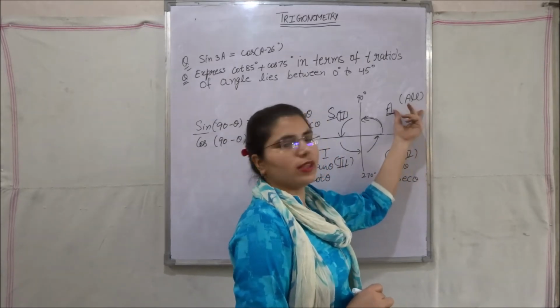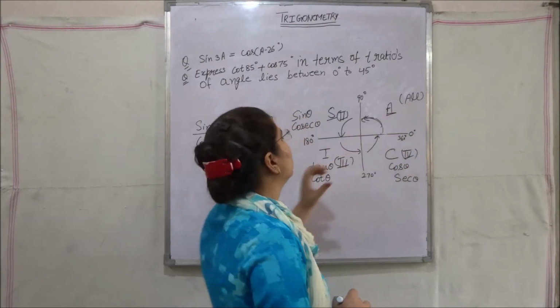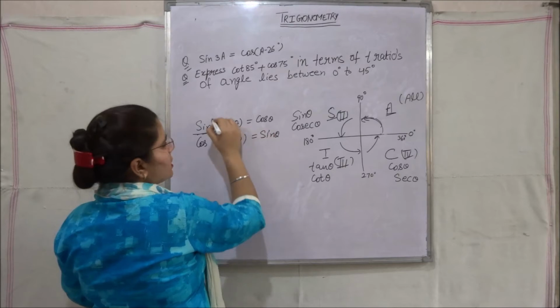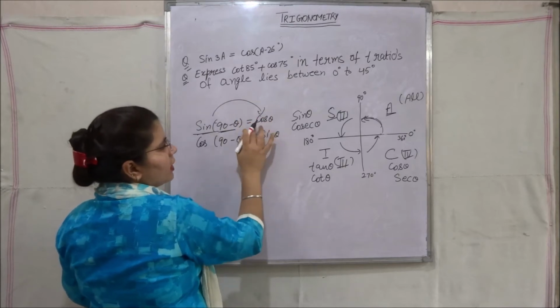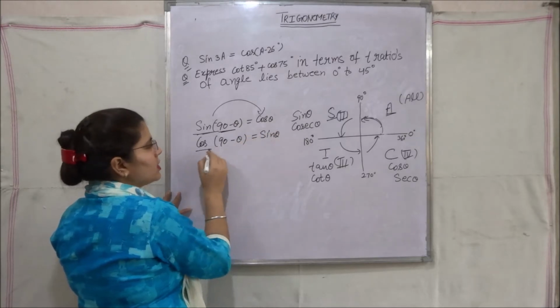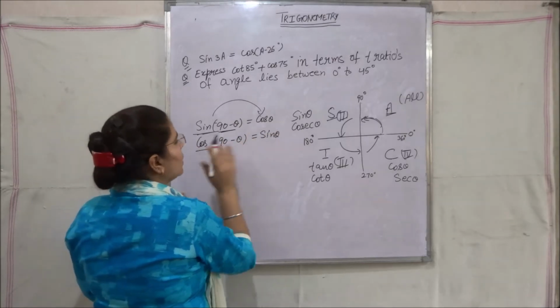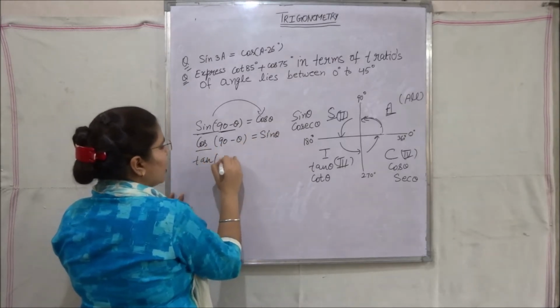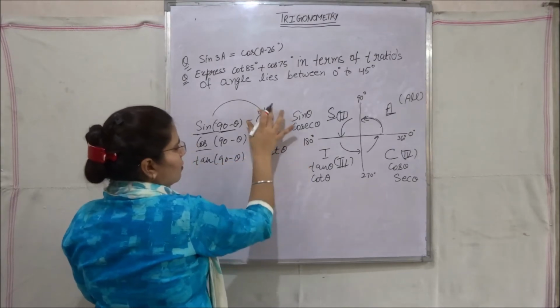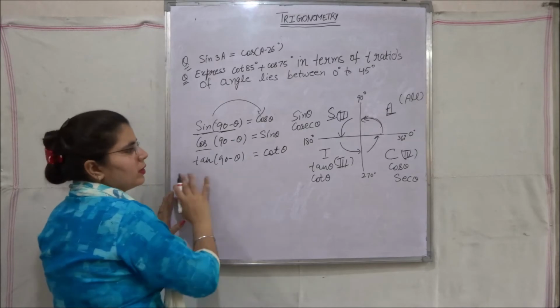So here all the T ratios are positive. Hence sin of 90 minus theta will change into cos theta, but the sign will not be changed. It will remain positive. In a similar way, tan of 90 minus theta will be cot theta. There will be no change in sign.